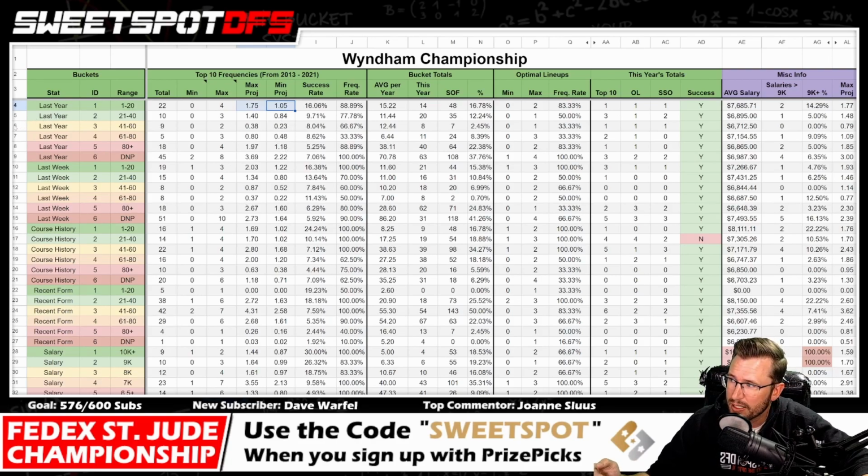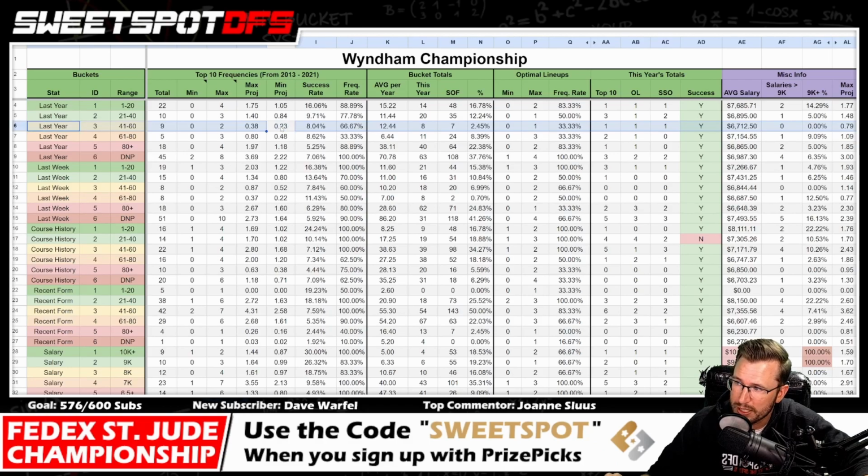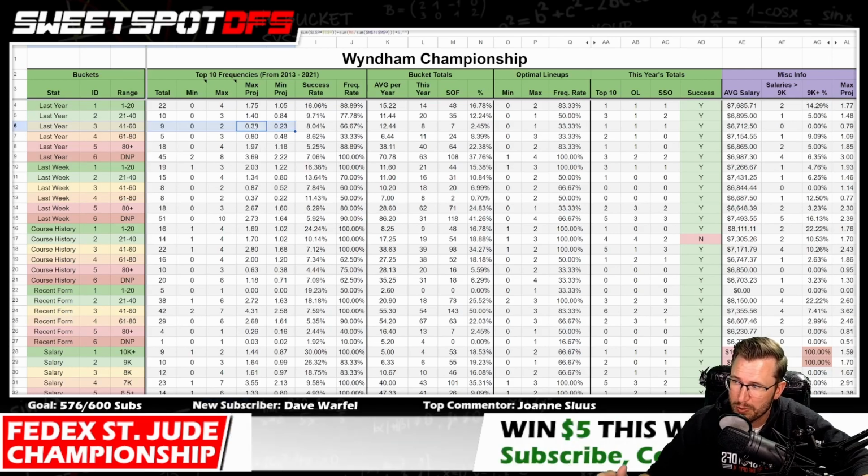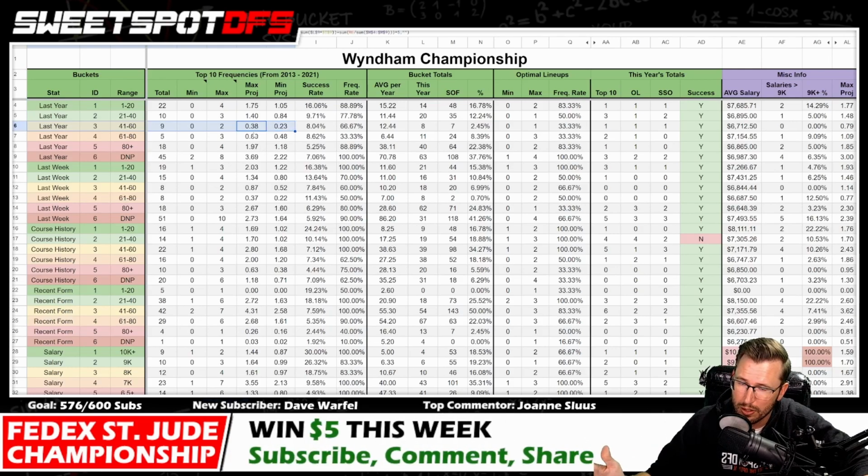Now, in the case of this bucket here, where it says 0.23 to 0.38, well, when we round down to 0 and we look at our max projection, it says 1, we can't go further down than 0. So then our max will always be 2. So the worst projection will always be 0 to 2. So just keep that in mind.